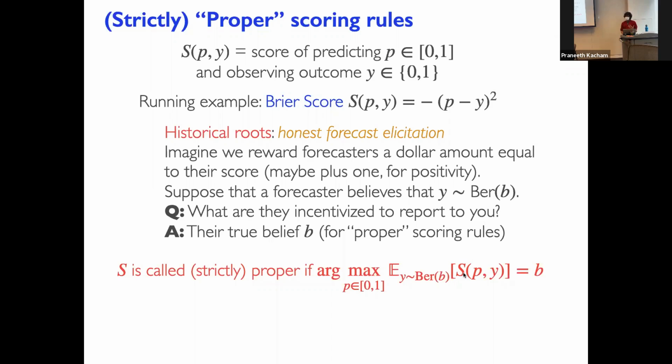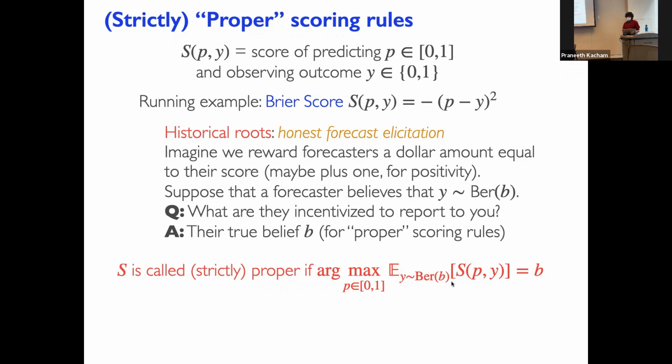S(p, y) is the score, the amount of dollar money they get, or 1 plus that. The 1 plus doesn't matter for the optimization problem, but that's the amount of money they get. This expected amount is according to what they believe, which is Bernoulli(b), their own belief. This is their expected reward if they say p and the outcome happens to be y.